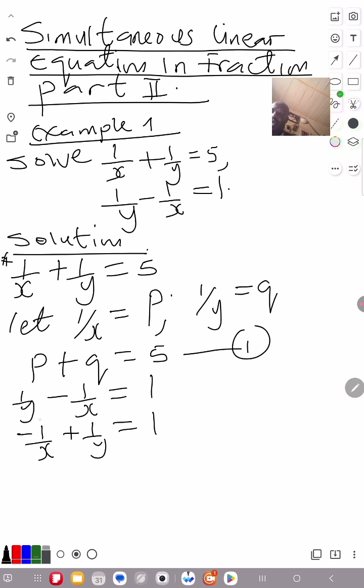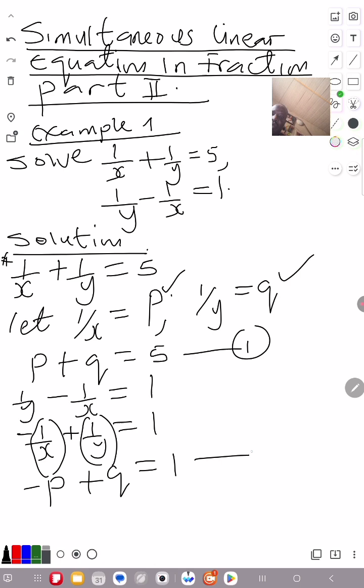Don't forget, 1 over x is P and 1 over y is Q. So this one becomes minus P plus Q is equals to 1. I will name this one equation 2. Don't forget, we can now solve these two equations simultaneously, either by using elimination or substitution method.